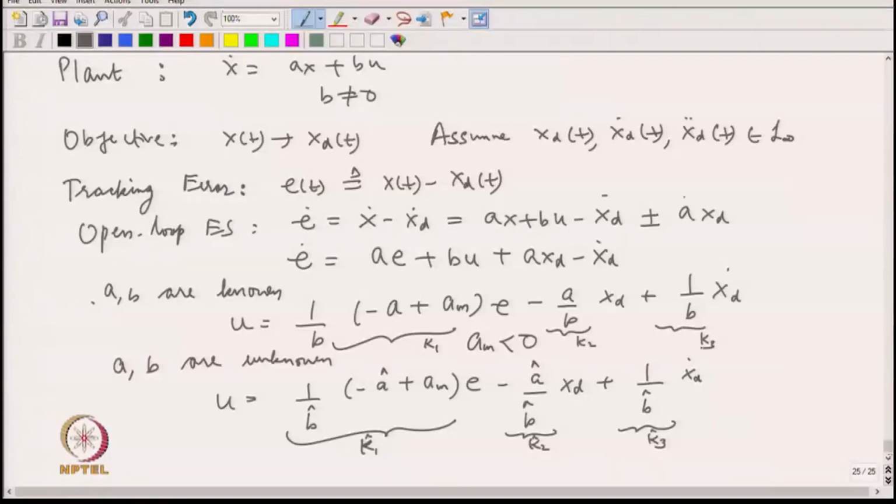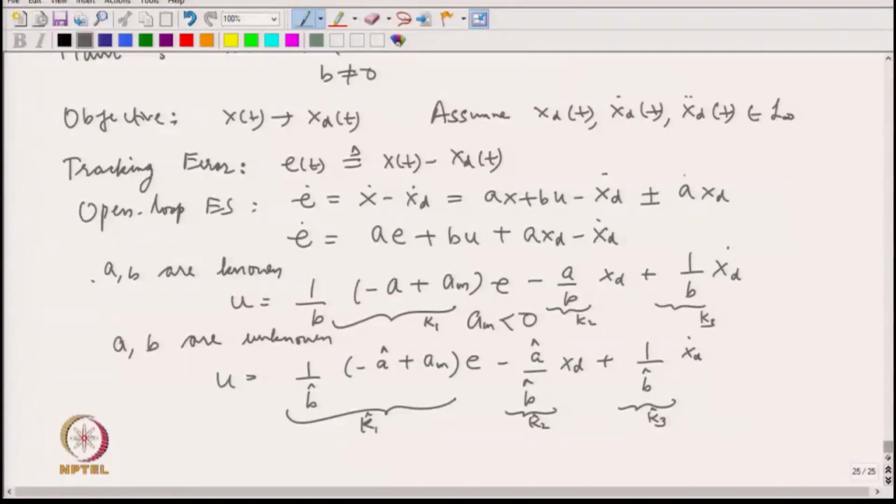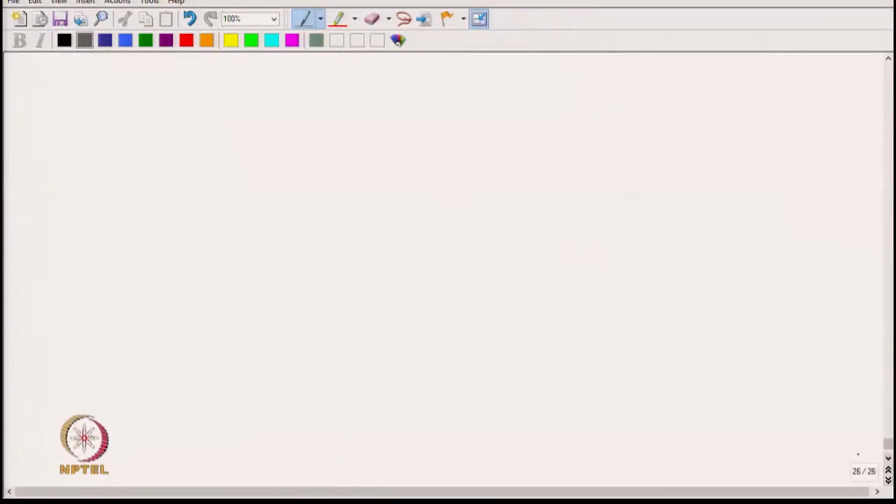Since we do not exactly know A and B, we also have K1 hat, K2 hat and K3 hat. But what we do assume is that there exist K1, K2 and K3 such that the matching conditions again come into play. So, they can be directly found from the algebraic equation expressions that we had formed.